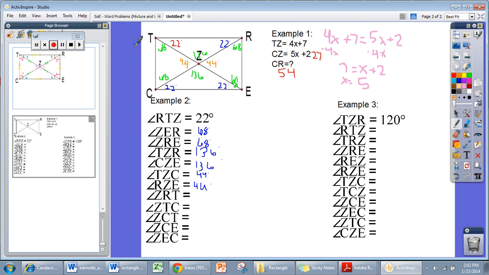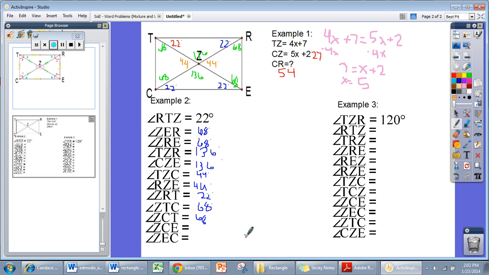ZRT is 22. ZTC, 68. ZCT, also 68. Two more.